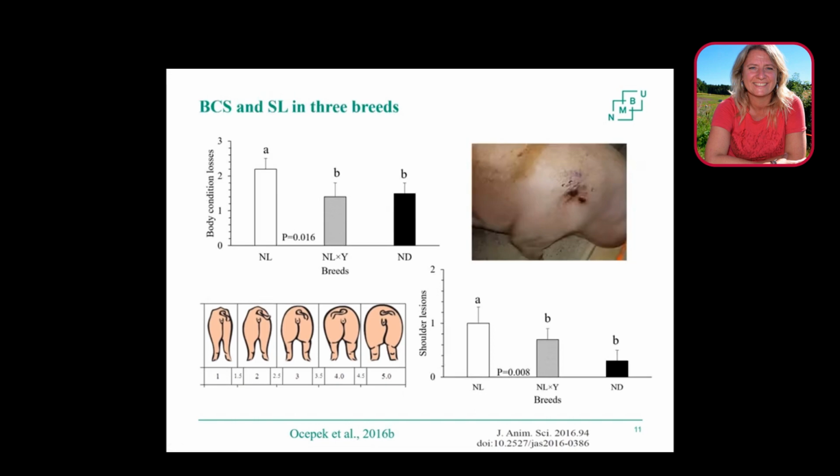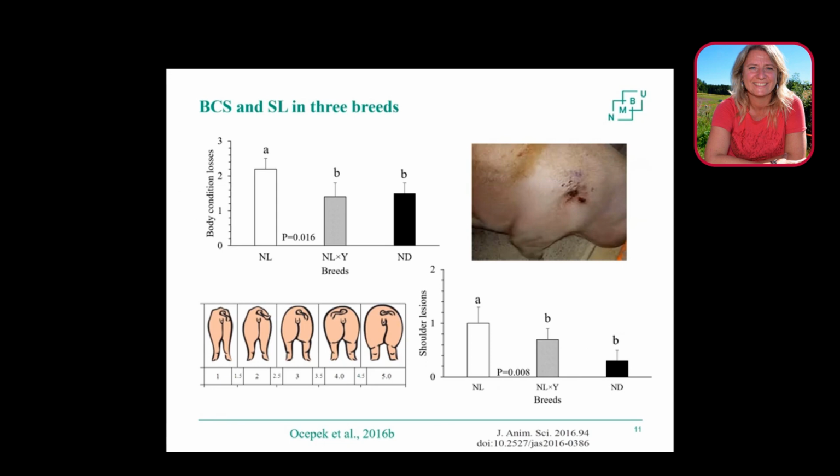If you look at the different breeds, we see that the Landrace to the right is the one that loses most body condition during the lactation period. The hybrid sows are intermediate, and the Durocs are more or less the same as the commercial crossbreds. So the maternal line is the one that invests most and loses most body condition during the lactation period.